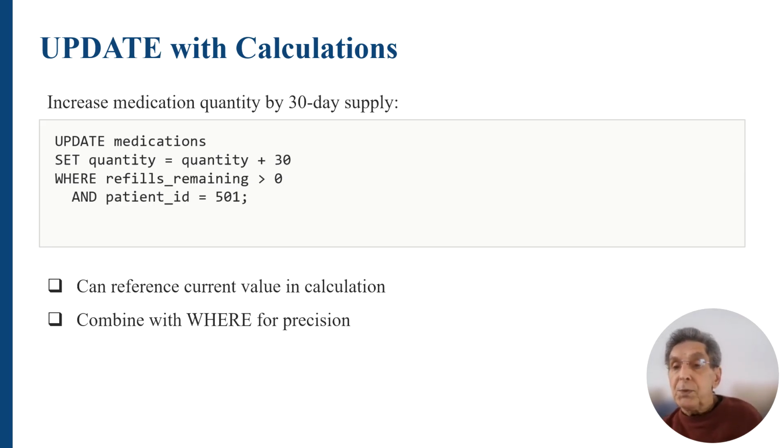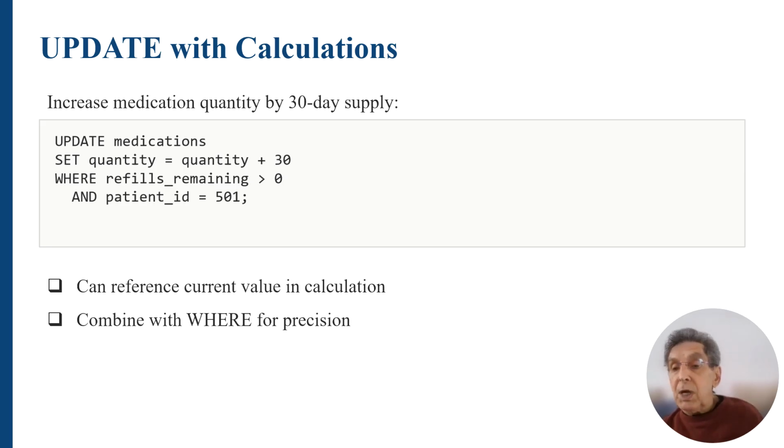Notice we also have multiple conditions in the where clause, combined with an and: the row must have refills remaining greater than 0 and belong to patient 501. Both conditions must be true in this case for the row to be updated. You can build complex where clauses using and, or, and parentheses for grouping.